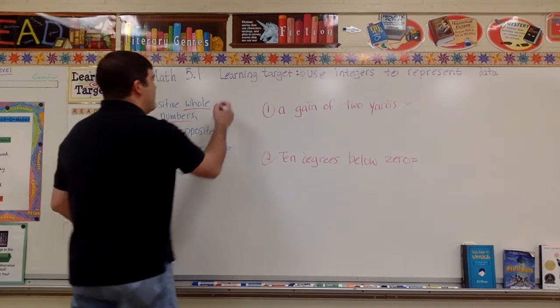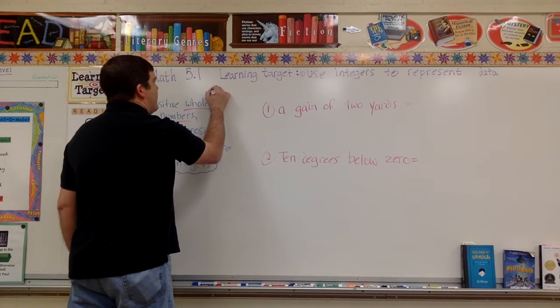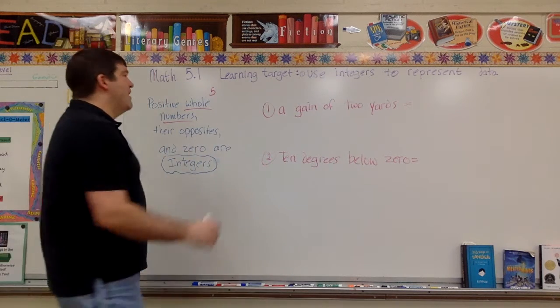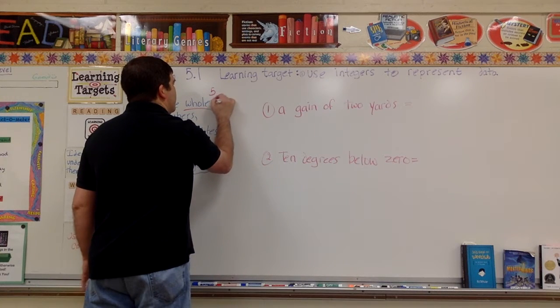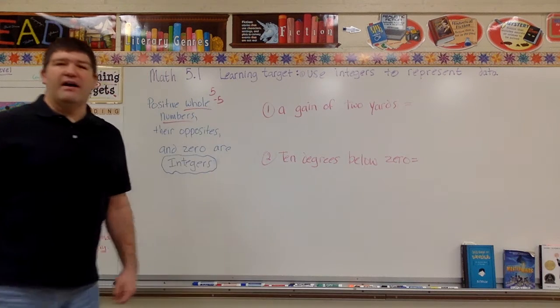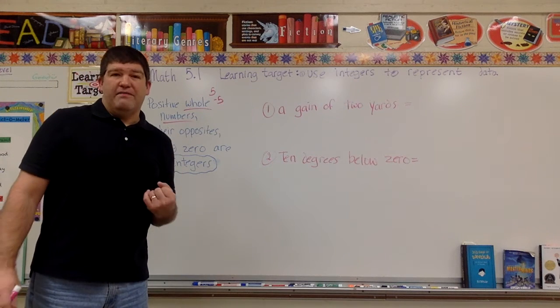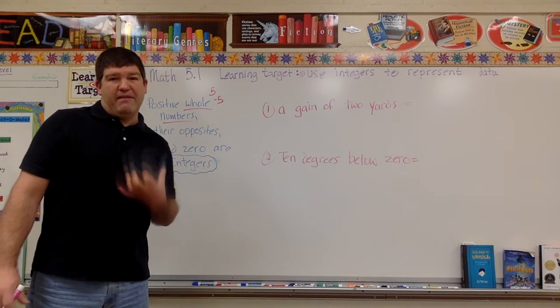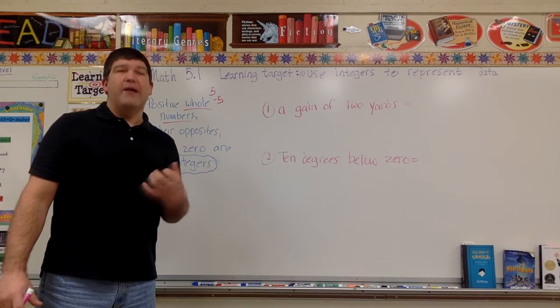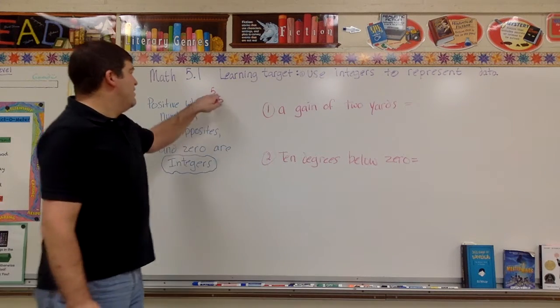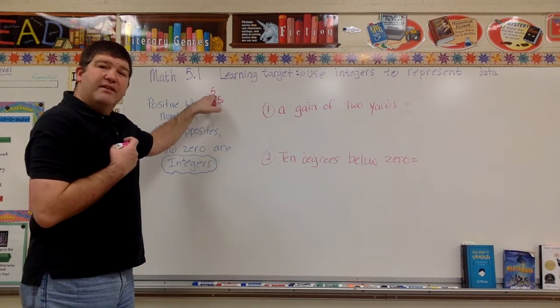So say I have 5. 5 is a positive number. The opposite of that would be -5. Okay? So if I have 5, the opposite is not having 5, giving 5. So here, I get $5.